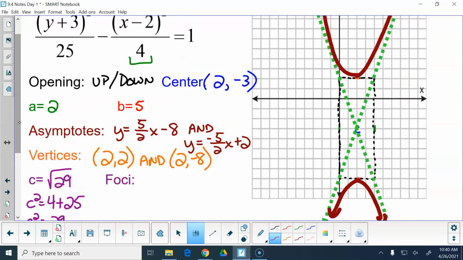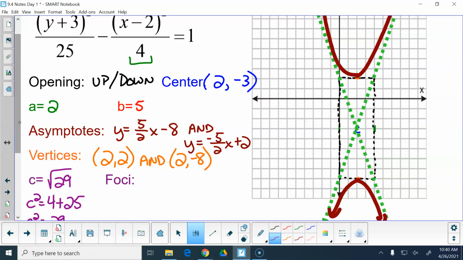Okay. So since our, I almost said our parabola. Since our hyperbola opened up and down, Aaron, which way should our foci go? Since our hyperbola opened up and down, which way should our foci go? Up and down also. So am I going to add that to the x or to the y? And to what? Of the center, right?